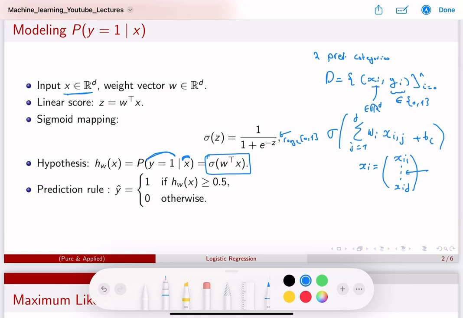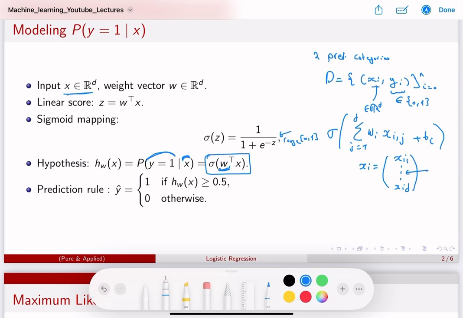So we want to use seen data to find the weight omega, and after we find omega, predicting a new label will be super easy. I can simply predict the label by using this as the probability of the label being 1. Notice here I just omitted the bias.